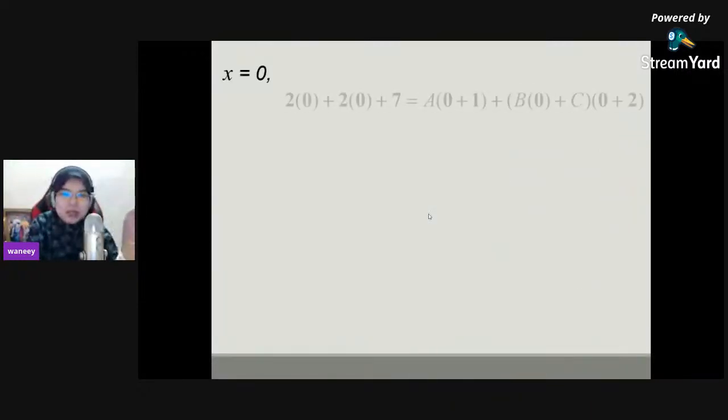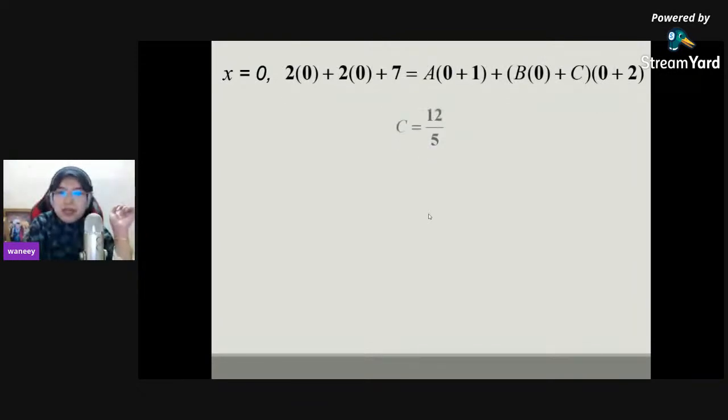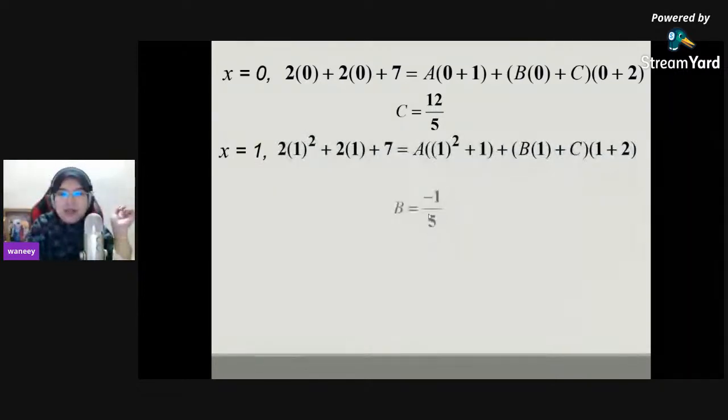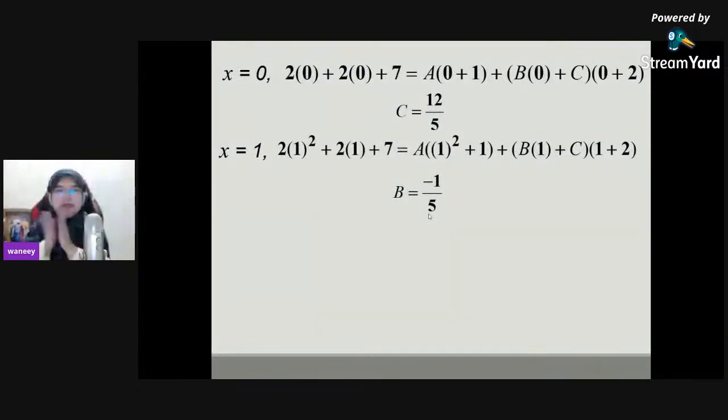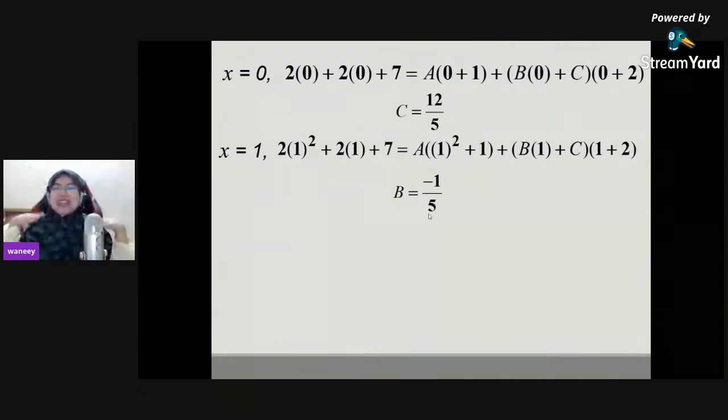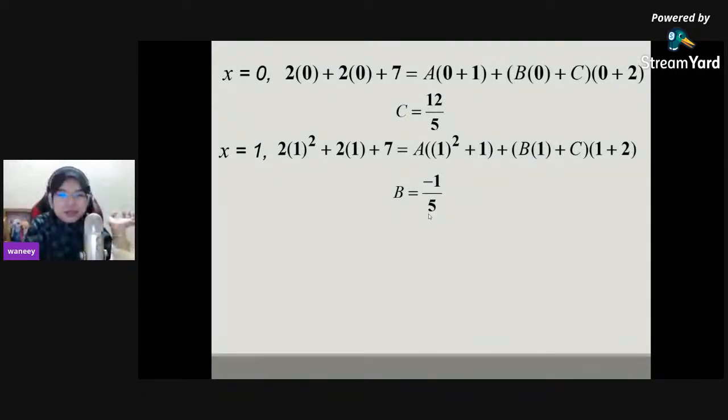Then when x equal to 0, we get C equal to 12/5. Lagi sekali, semua orang betul kat situ. X equal to 1, so the value of B is negative 1/5. Semua betul. Okay, next.